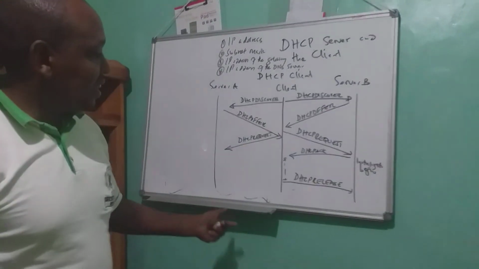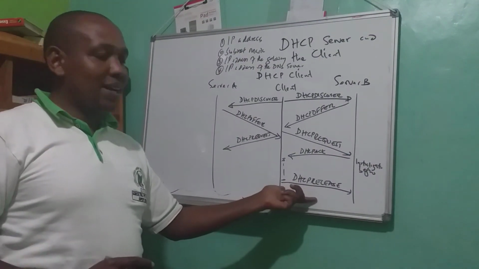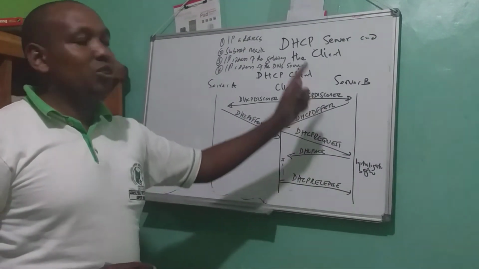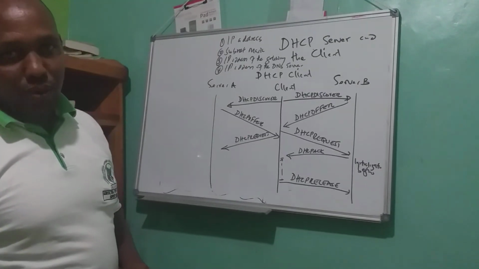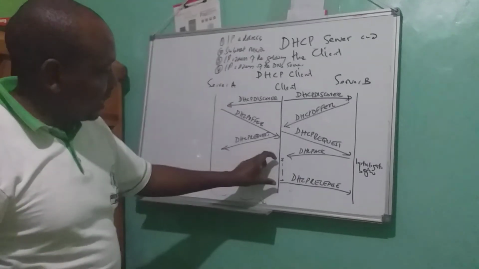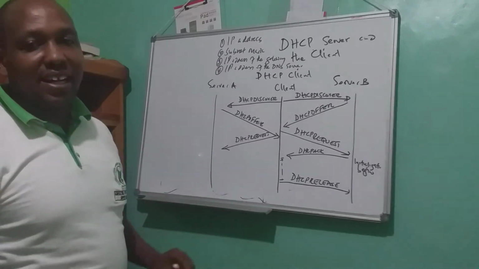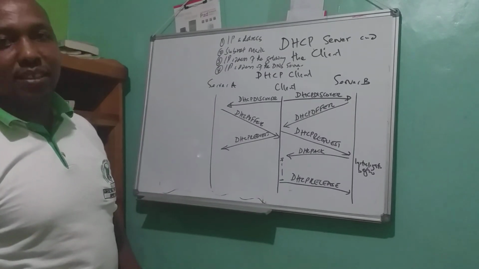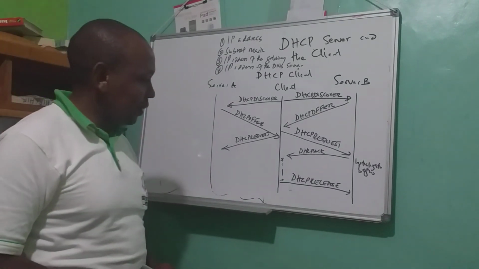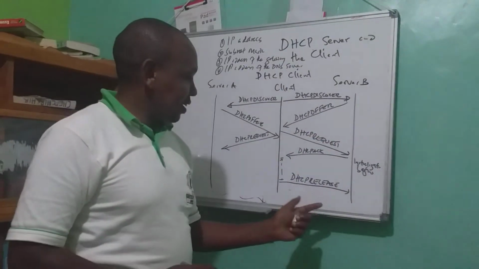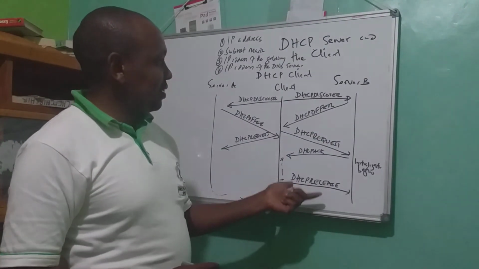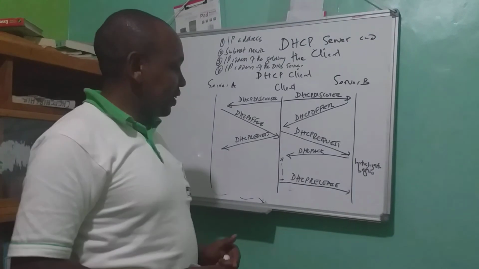DHCP release. That means I no longer need these parameters. They are taken back to the address pool. When these parameters are being used, they are actually in the binding database of the server. So once the client no longer needs the parameters, it can release.